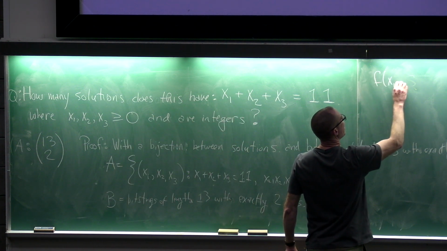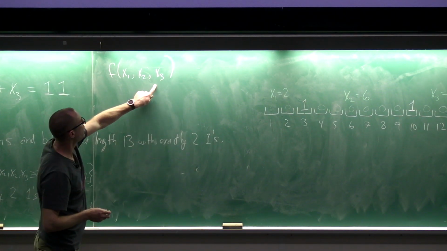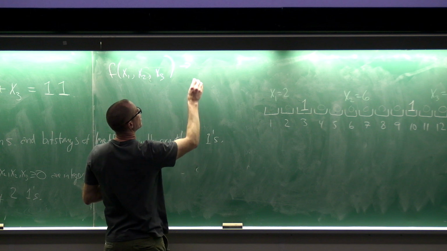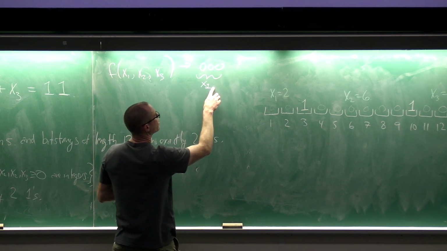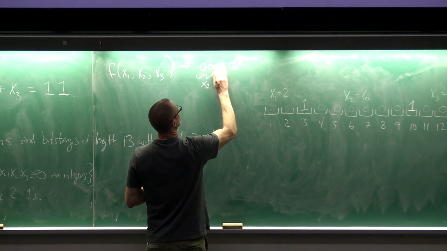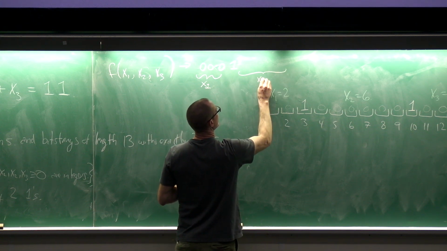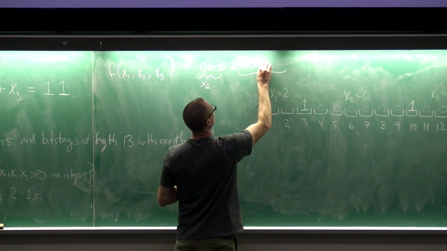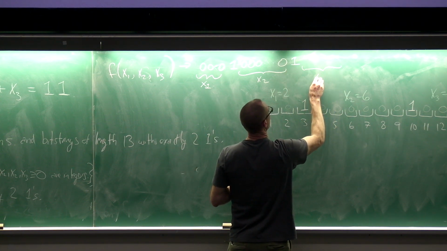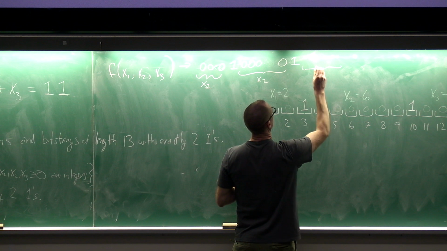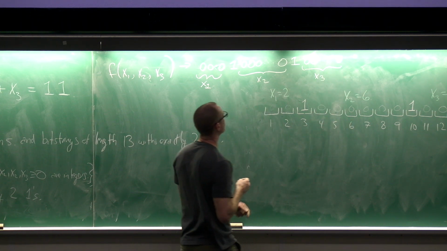If you give me a solution x1, x2, x3 in A, that's going to take me onto this string, which has x1 zeros, then it has a 1, and then it has x2 zeros, and then it has a 1, and then it has x3 zeros.